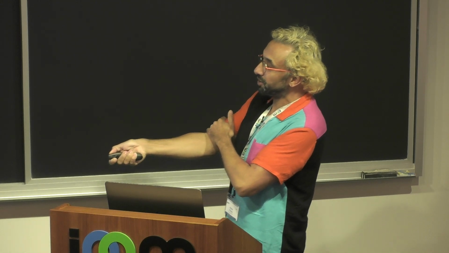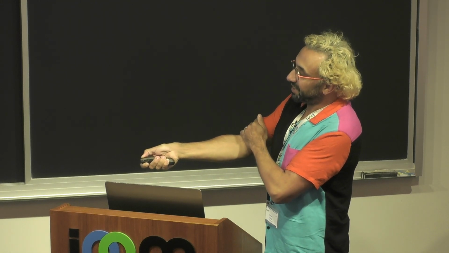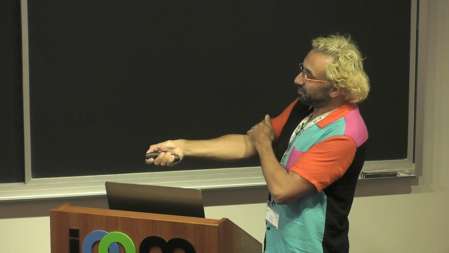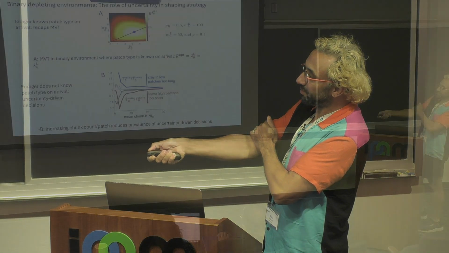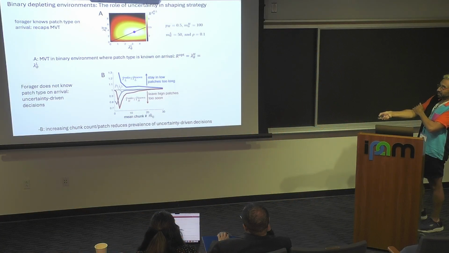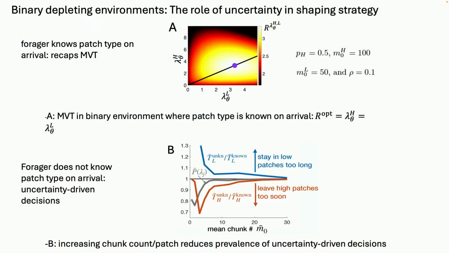So at a very large number of food chunks, the animal in its patch residence times will approximate the marginal value theorem predictions. But as I decrease the amount of food chunks significantly, there will be deviations. Okay, what are these deviations? The animal will stay in low patches too long, which is called overharvesting, or will leave the high patches too soon, which is called underharvesting.